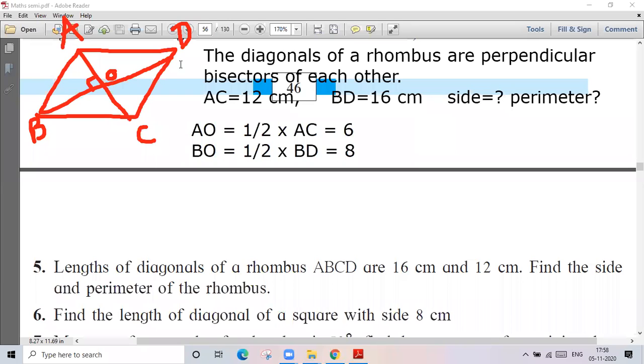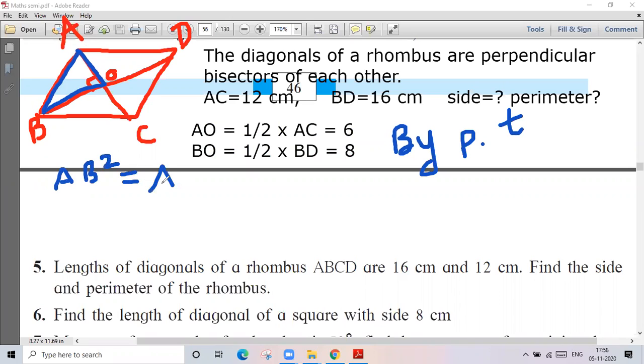We'll find AB by using the Pythagoras theorem, same as we used earlier. आपण फक्त हा triangle घेणार, triangle AOB. So here AB square is equal to AO square plus OB square.